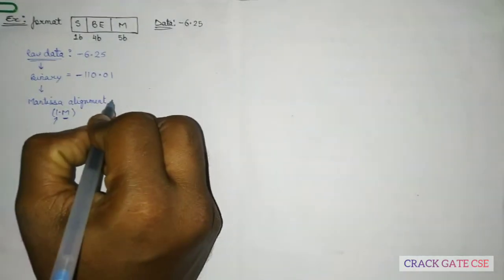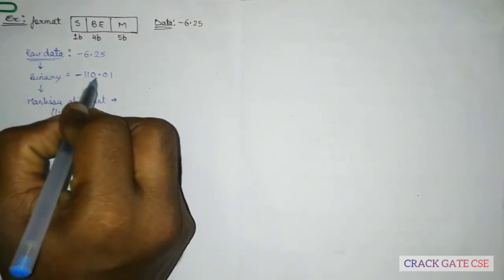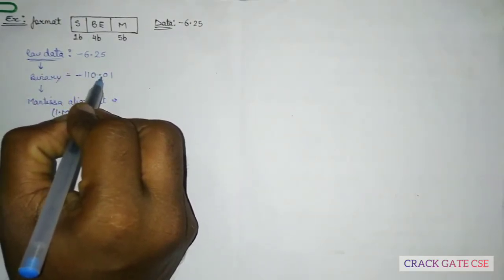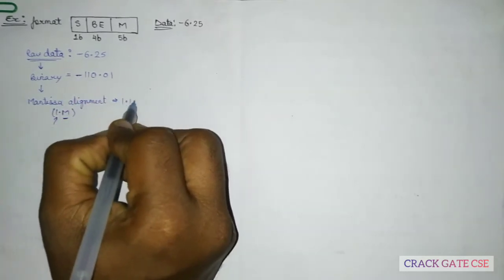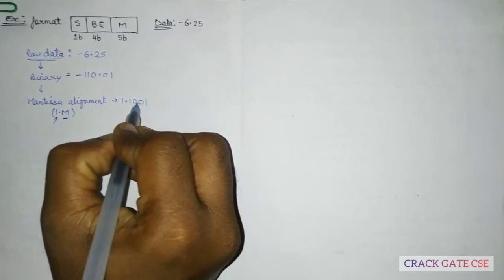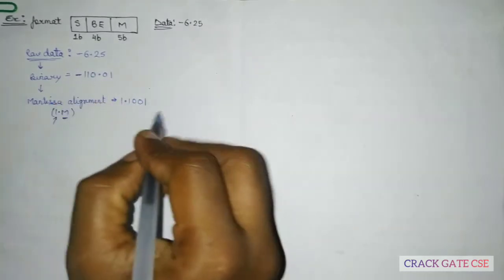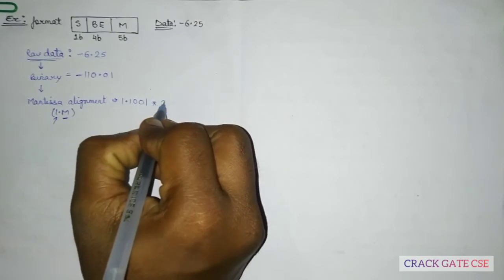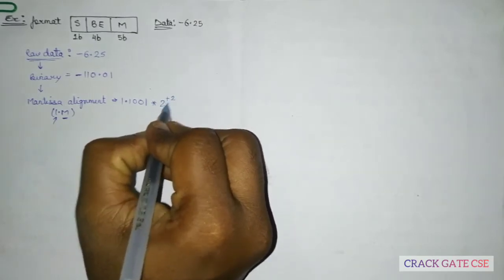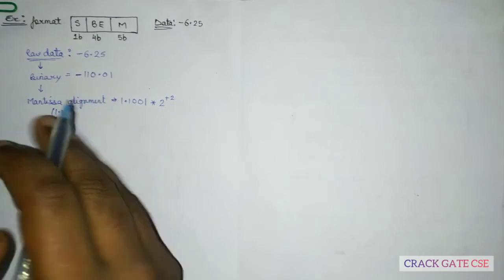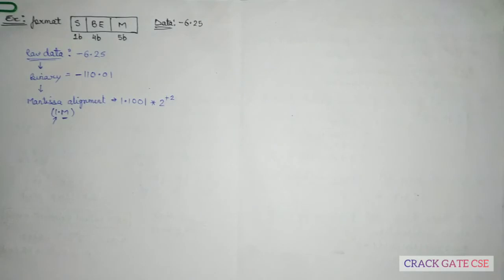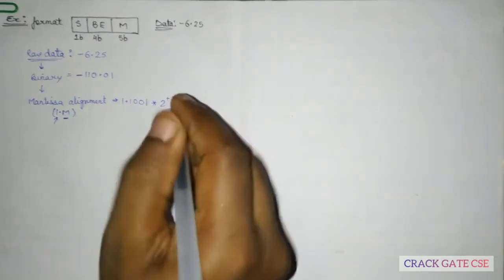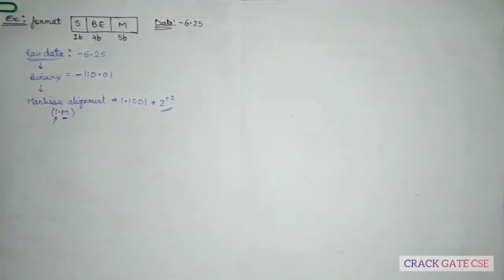For that, we have to shift the point to the left, 2 times, so that it equals 1.1001. Now we have moved the point 2 places. We multiply it with 2 to the power plus 2, because 2 is the base and we are shifting the point, that's why we have 2 to the power 2. Now this format is suitable to store this value into the given hypothetical format.